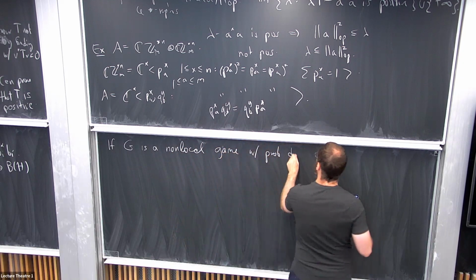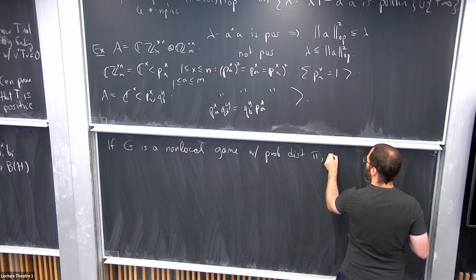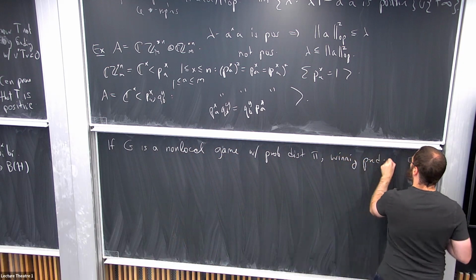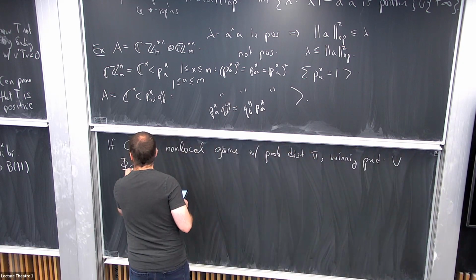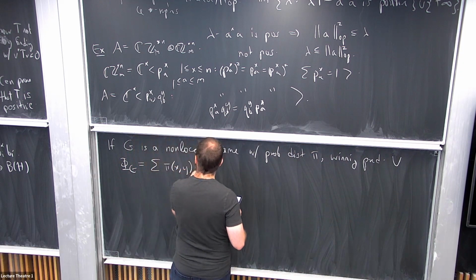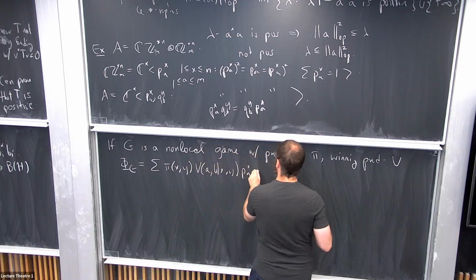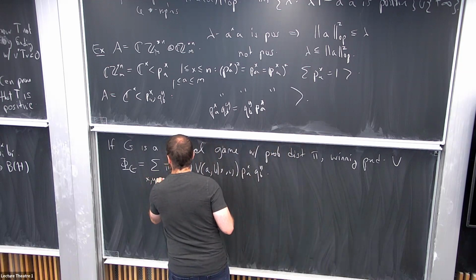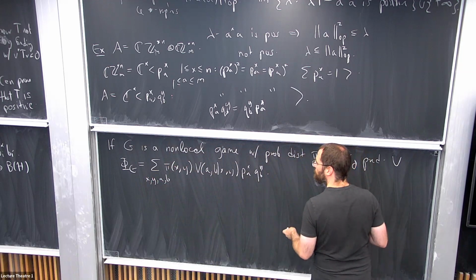Probability distribution, let's say pi, and winning predicate V. So we can define the game functional, phi G, as the sum over xy, a, and b of pi xy, V ab xy, pxa qyb.